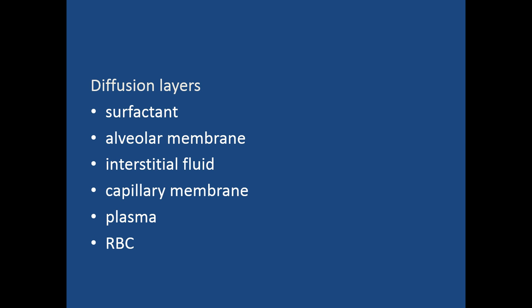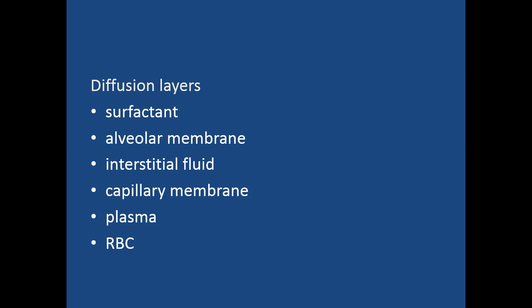The surfactant helps your alveoli to expand as the air comes into them, but the gases have to cross over that surfactant as well, because remember the surfactant coats the inner alveoli. So the gas will have to cross through the surfactant, which is fine, then through the alveolar membrane.